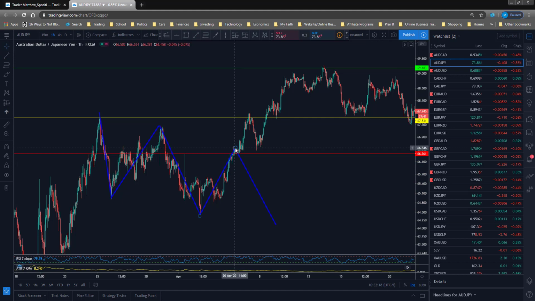So this is very much a 3 drives complex pullback. 1, 2, 3. Okay, normally it's not going to be a tiny little thing like a small retracement, retest, and then a big retracement and another big retracement. Usually it's going to be a big one, and a big one.